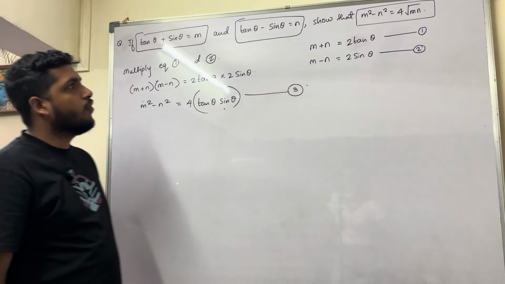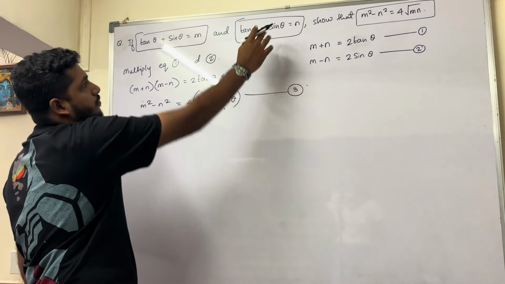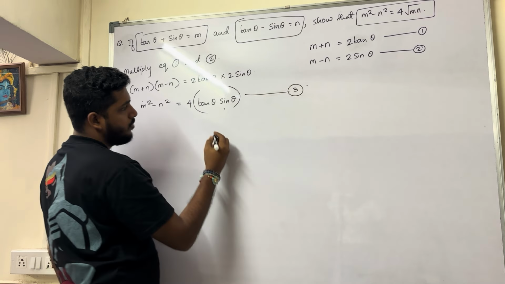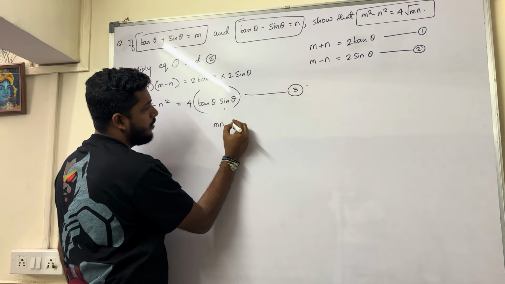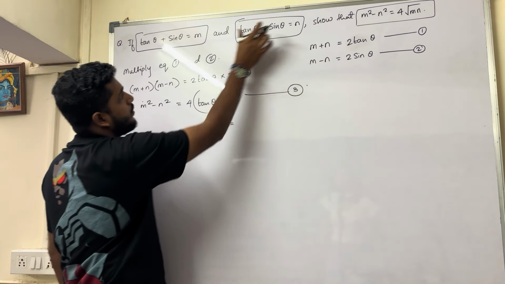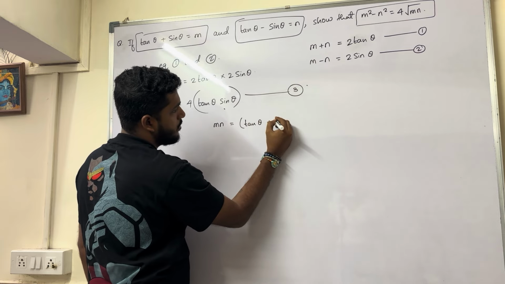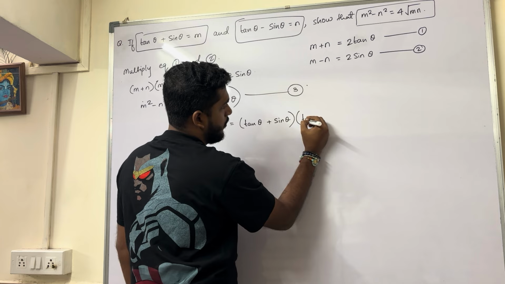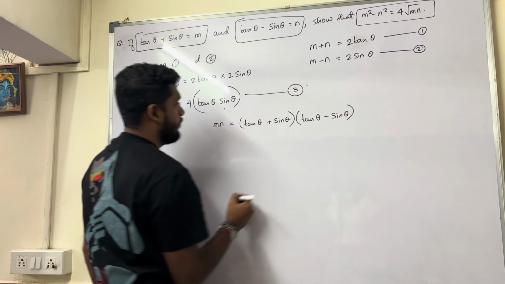Now what I want is m into n. So I have mn here. So I'll simply multiply m and n. So it will be looking like this. I will multiply m and n. So it will be like m into n is equal to this into this. And it's going to be tan theta plus sin theta and tan theta minus sin theta.